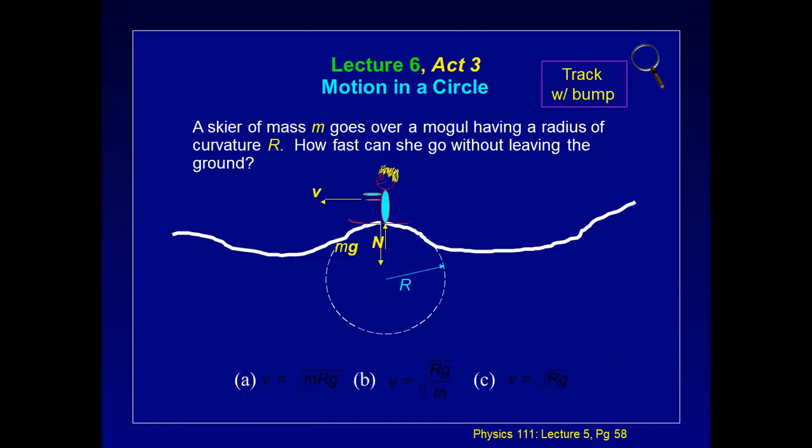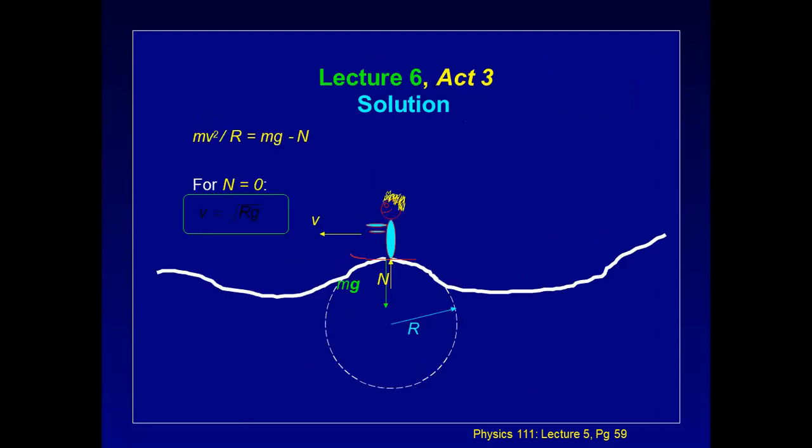A skier of mass m goes over a mogul having a radius of curvature r. How fast can she go without leaving the ground? The answer is v is equal to the square root of r multiplied by g, as derived earlier.